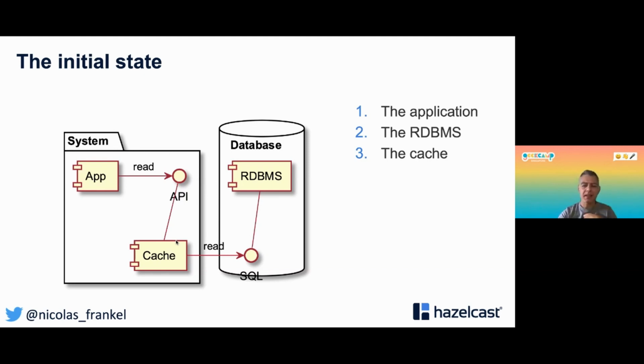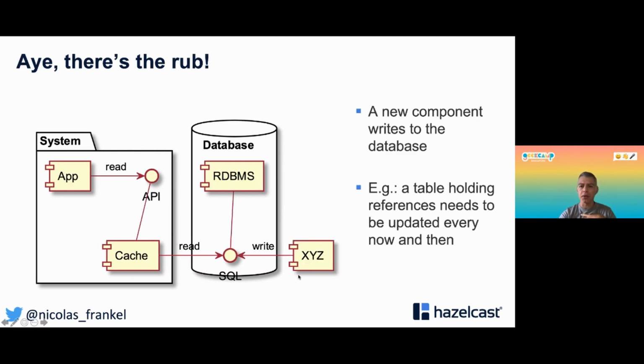Now, this is, in general, a very ideal view of the real world. In the real world, what happens is you have another component that writes to the database. In that case, your cache is not in sync anymore.